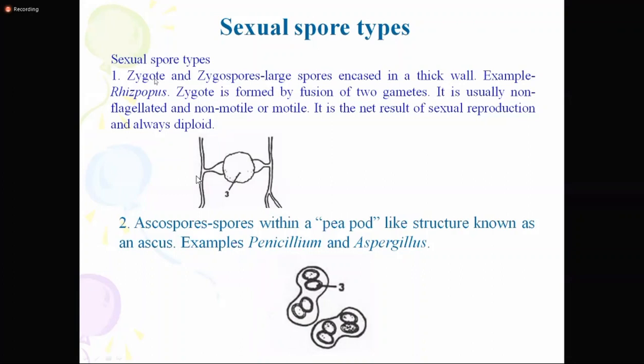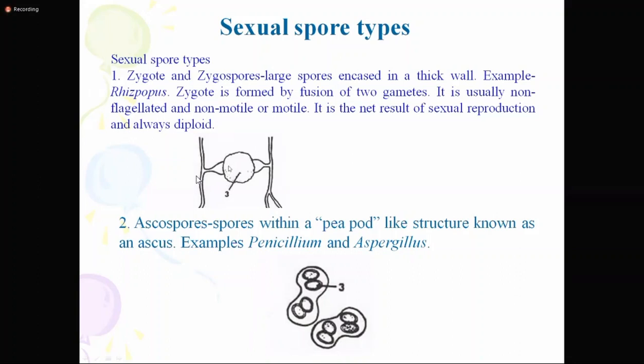It comes from the gamete. I will tell you what a gamete is. In the asexual case, we call them spore, but in the case of sexual reproduction, we call them gamete. So when two gametes have affinity, they come together and prepare a spore. Sometimes they make only one spore.